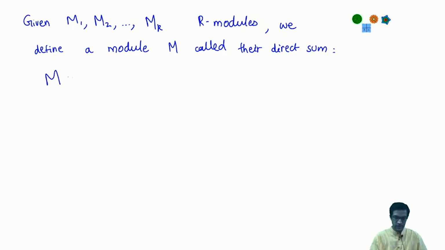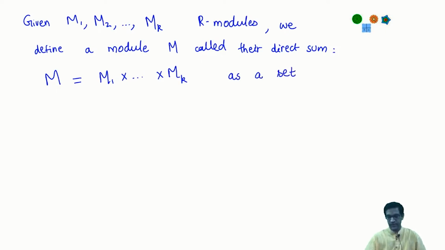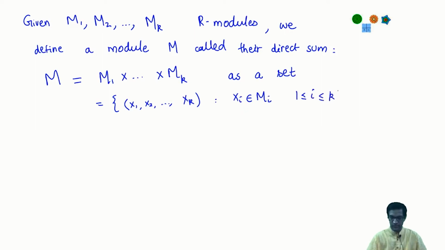We first need to specify what M is as a set. Purely as a set, it's just the cross product of these. In other words, the elements of M look like ordered tuples x1, x2, through xk, where each xi is an element of the corresponding Mi, i running from 1 to k.